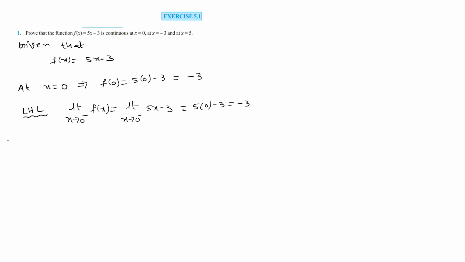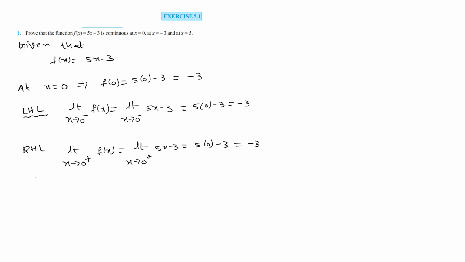Next, the right hand limit: the limit as x tends to 0 plus of f of x is equal to the limit of 5x minus 3, which is 5 into 0 minus 3. Wherever x is there, we substitute 0. 5 into 0 is 0, and 0 minus 3 is minus 3 only.